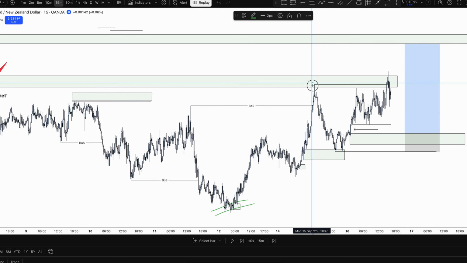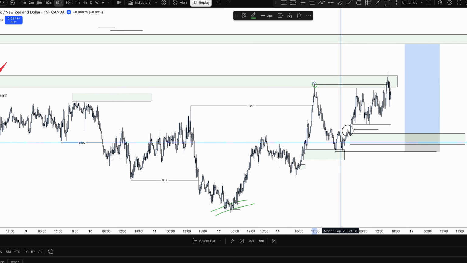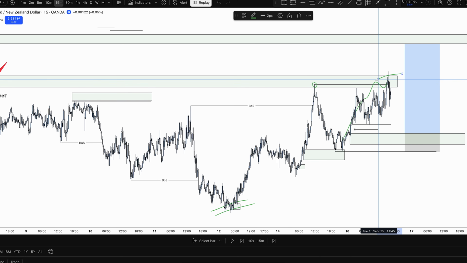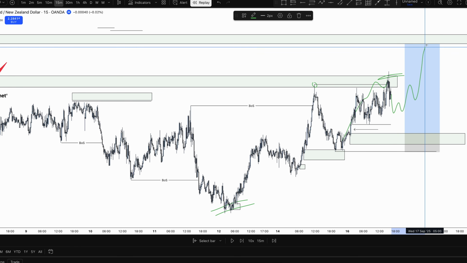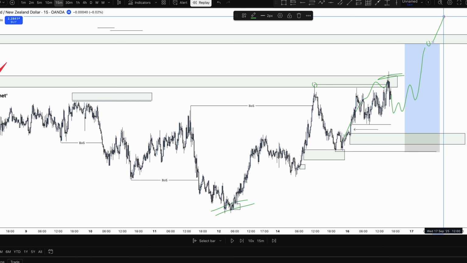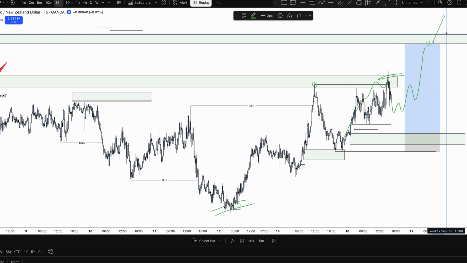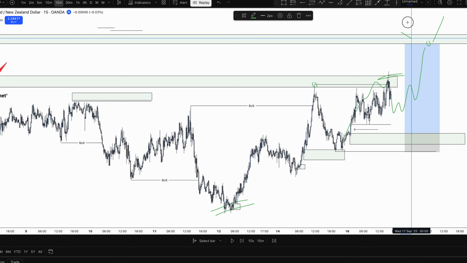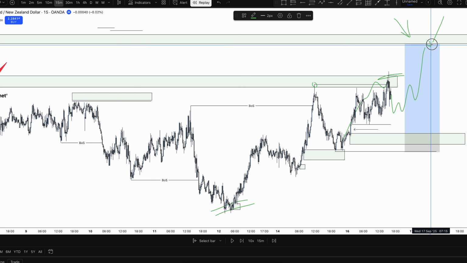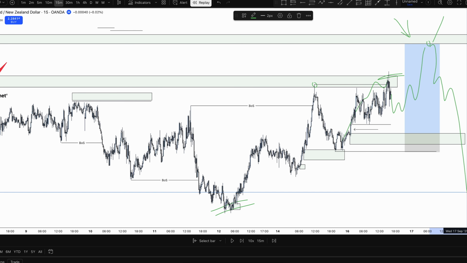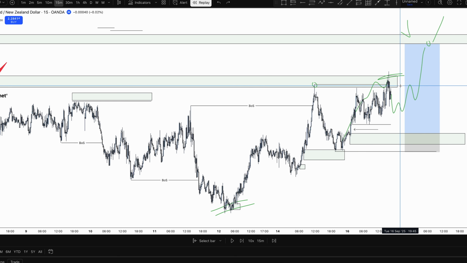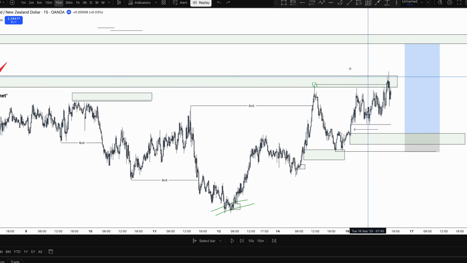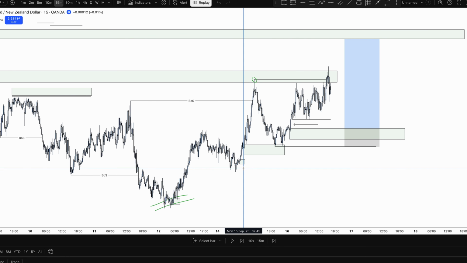Sellers had one final opportunity to bring this market down from here, but they failed. So now we absolutely should be on the side of the buyers. Buyers are now likely to take the market up to fill deeper imbalances, potentially trading through new highs. But if sellers are to step back in, the most likely point they do that is here. So if we take our profits here, we avoid a sad scenario where the sellers retake the market and our trade gets killed. So we've built essentially a story of what's happening behind those candles, as opposed to just what the candles are telling us on the surface.